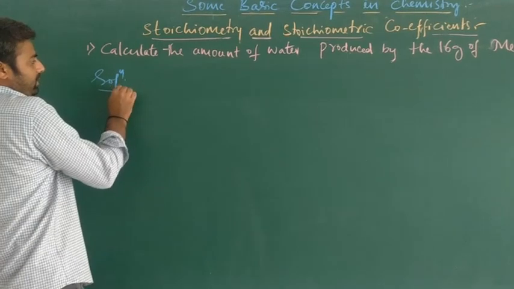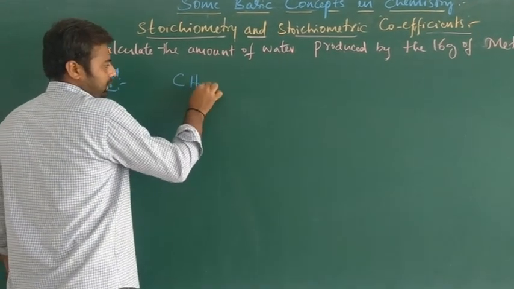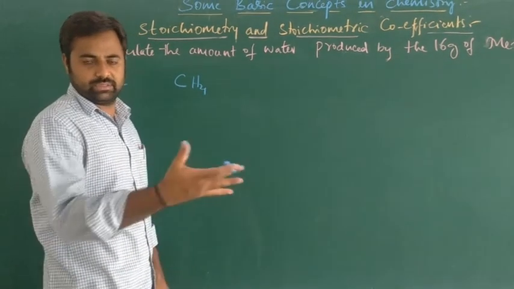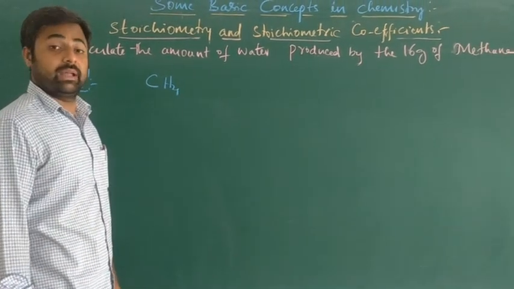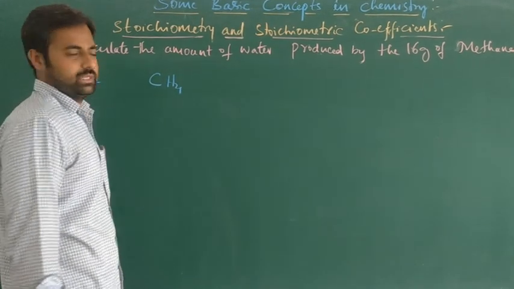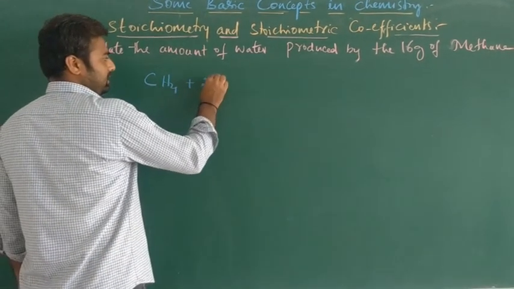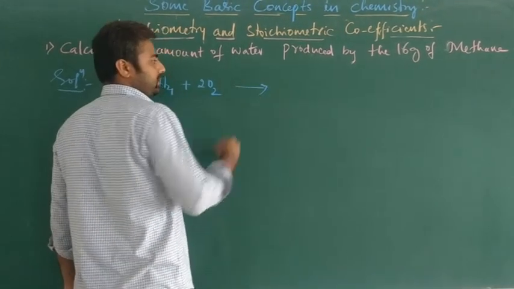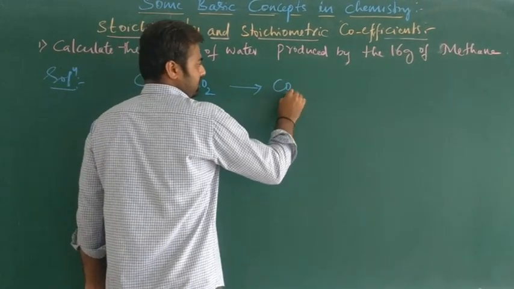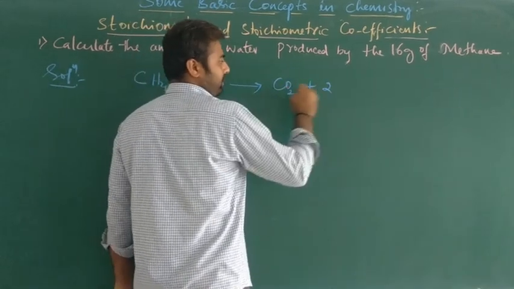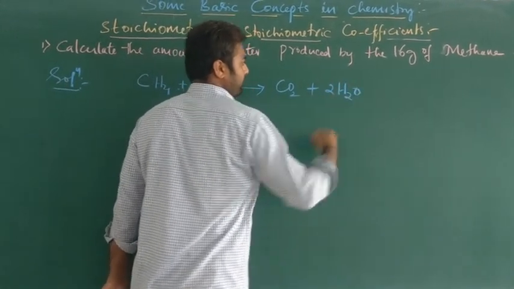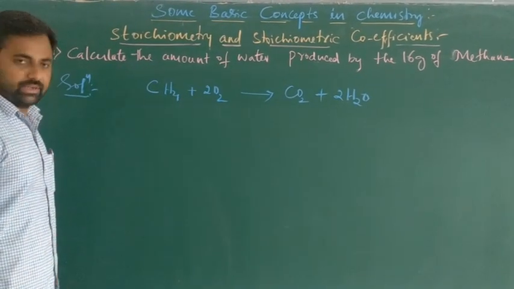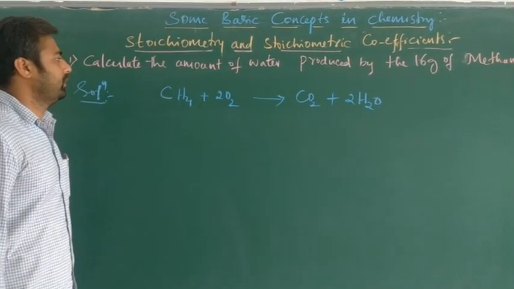The solution will be, you know that any hydrocarbon gas undergoes combustion which gives products carbon dioxide and water in the presence of oxygen, right? And this methane is combined with 2 moles of oxygen, definitely gives 1 mole of carbon dioxide and 2 mole of water. This is the balanced chemical equation. It is required for the problem, right?